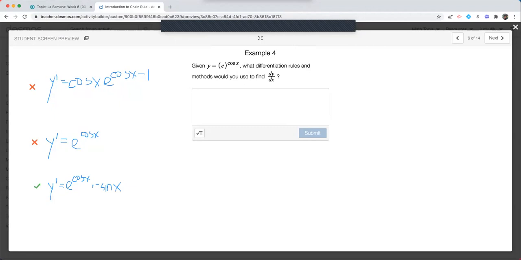Okay, so this right here is actually going to be the correct answer. And if we're not really sure why that is, by the end of today, we really want to have a solid answer for that, okay? All right.